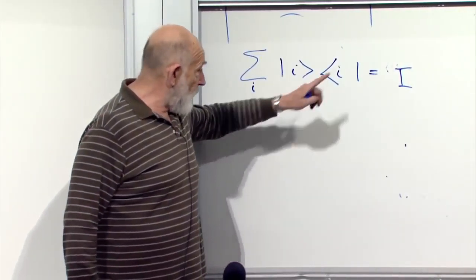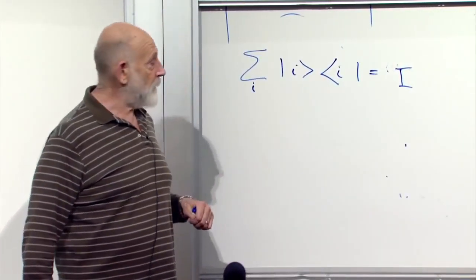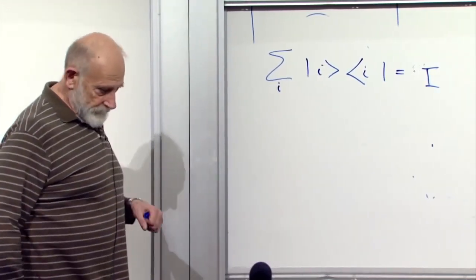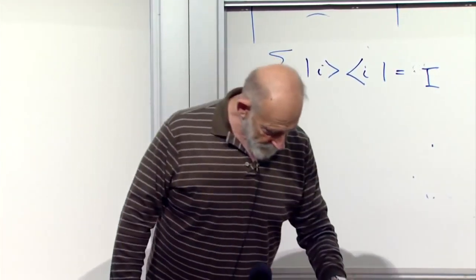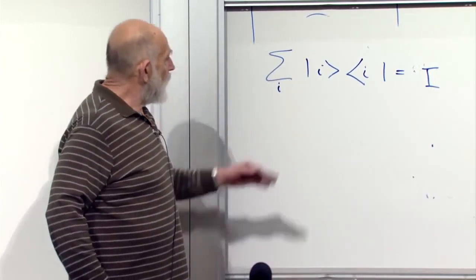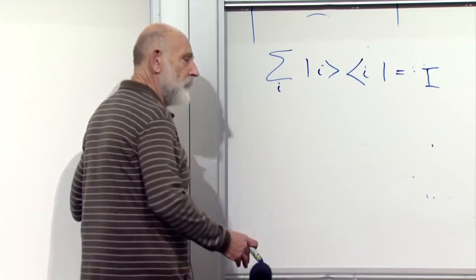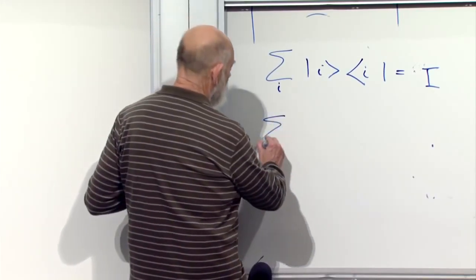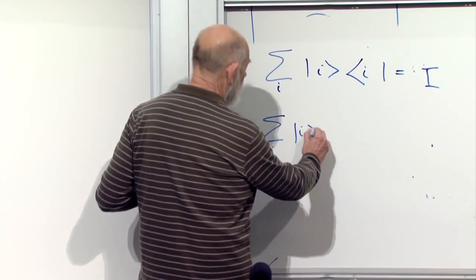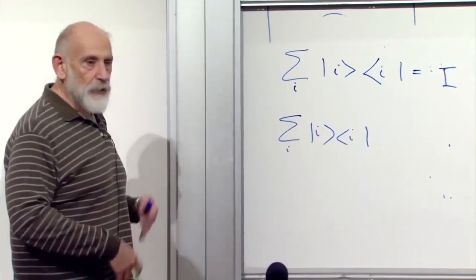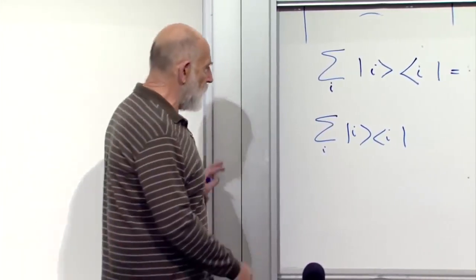This is true for any complete basis of states. You go back to your quantum mechanics and you remember what this means. There's a little bit of trickery, but there's nothing deep going on here. The sum over I of this is an operator. That's a unit operator. It's trivial.